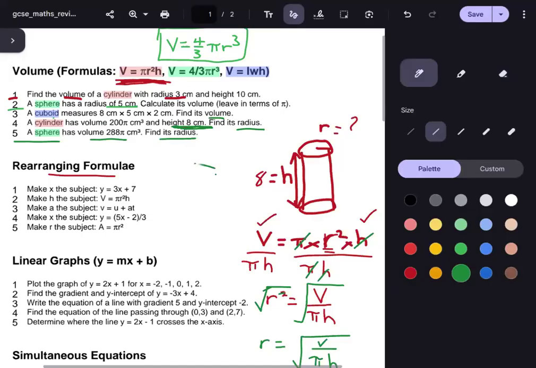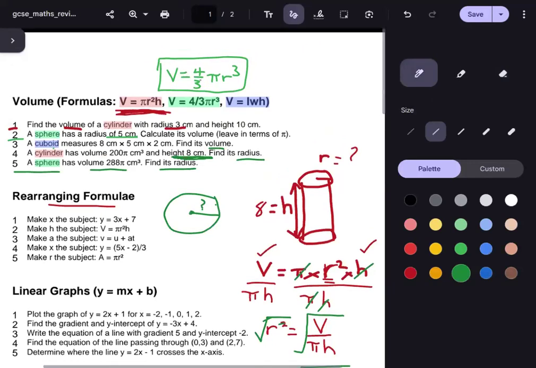So now we're talking about a sphere, and they've given the volume. They want you to find the radius, right? That's the radius of a sphere, the length from the center to the circumference. For a sphere, I said we use the formula in green: V is equal to 4 over 3 pi r cubed.